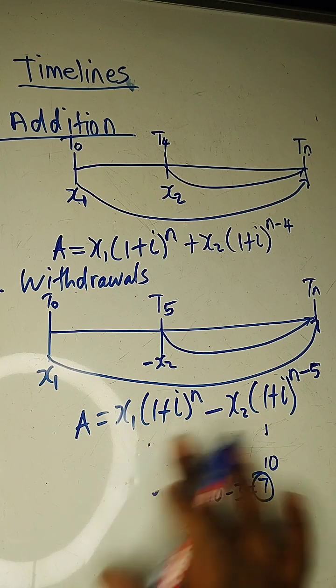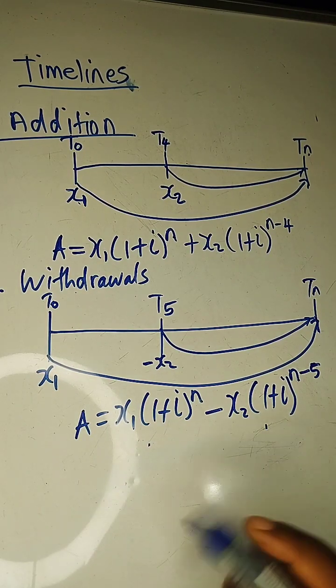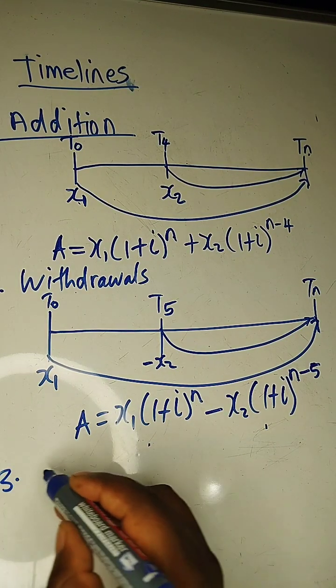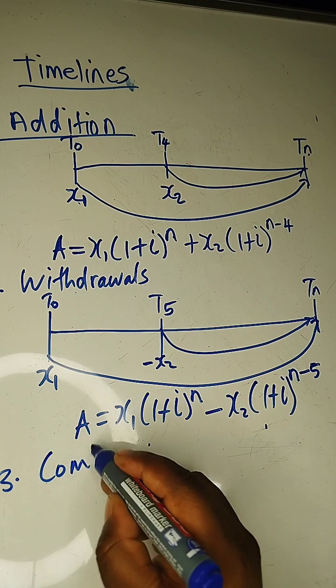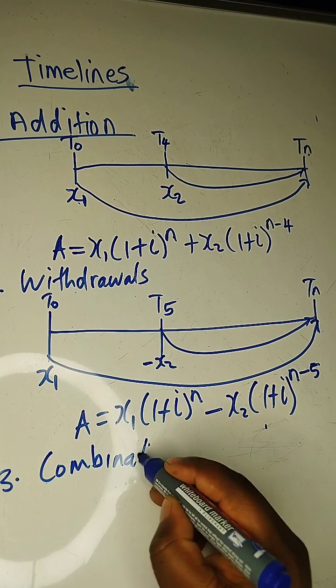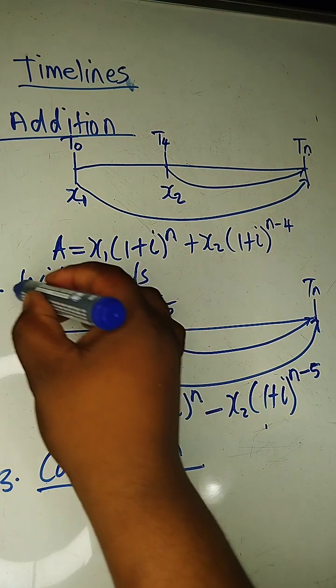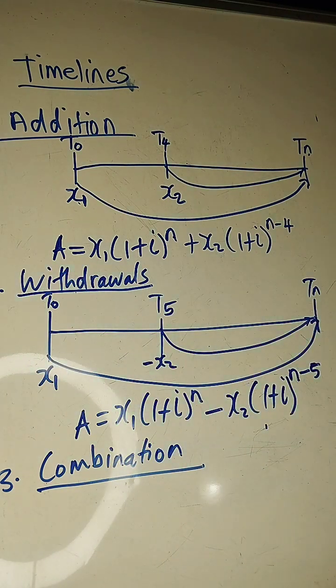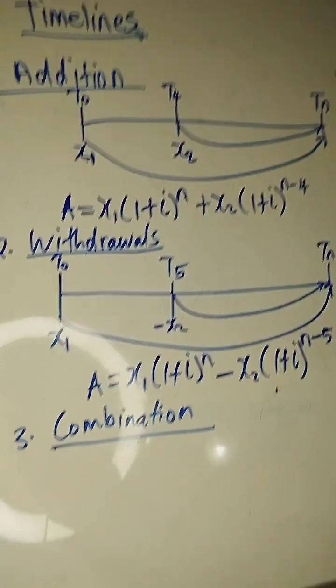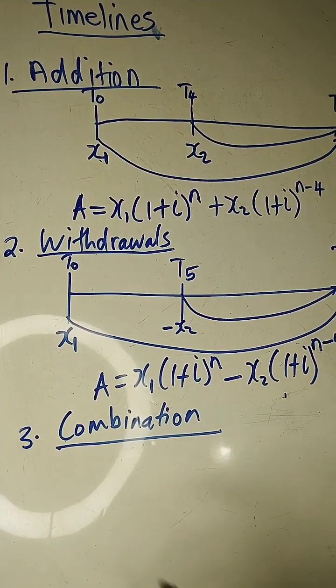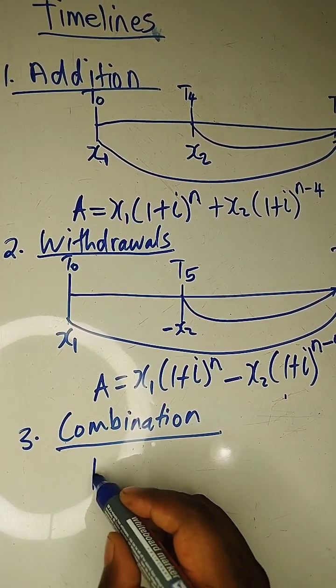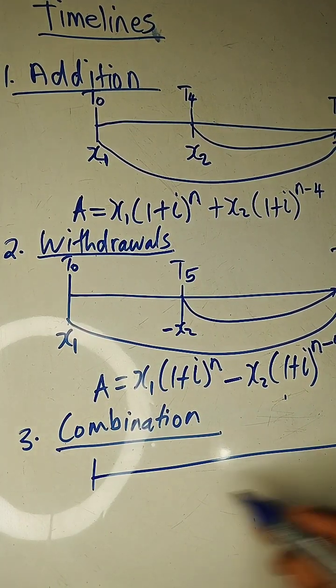Now, let's do the combination of them. Number 3, we have combination. I haven't done any problem. I'm still explaining the effects of our timeline. Now, here we'll have this timeline.